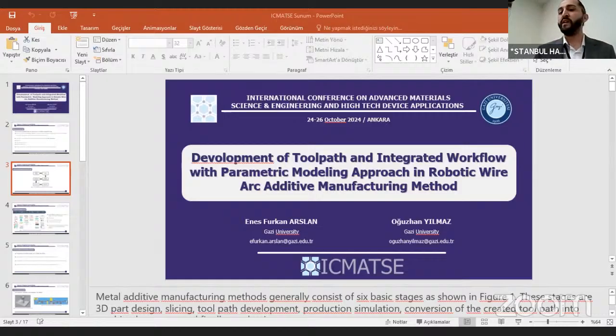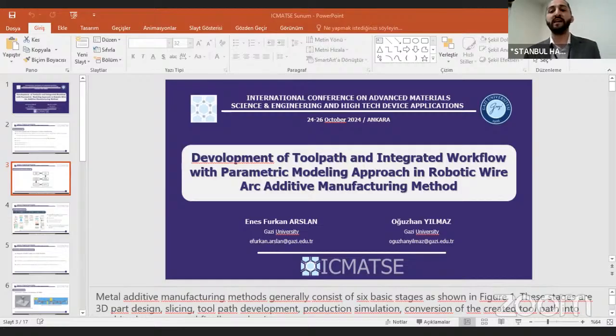In this study, we developed a parametric workflow that integrates all stages of the robotic arm process into a single software. We chose the Grasshopper software as the platform on which the workflow will be created. What is Grasshopper? Grasshopper is a visual programming tool with parametric modeling and algorithm development capabilities.